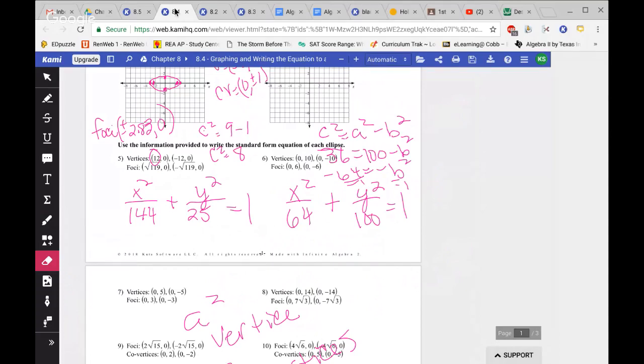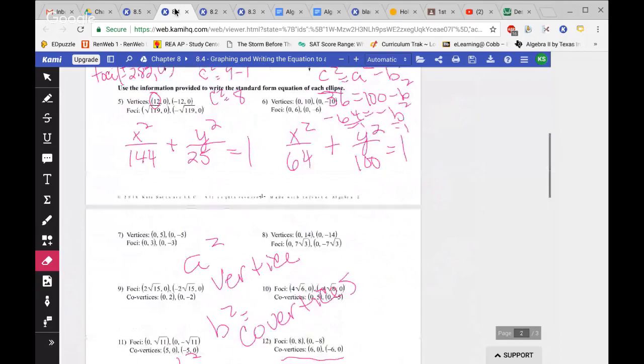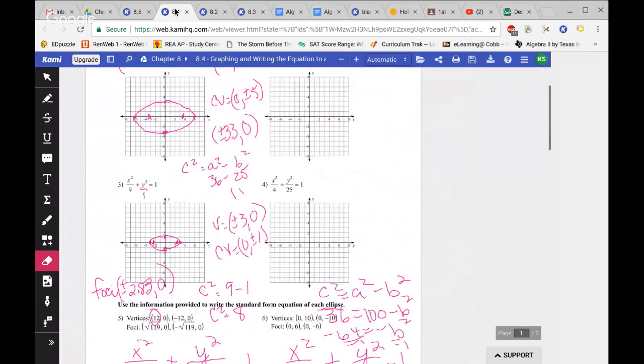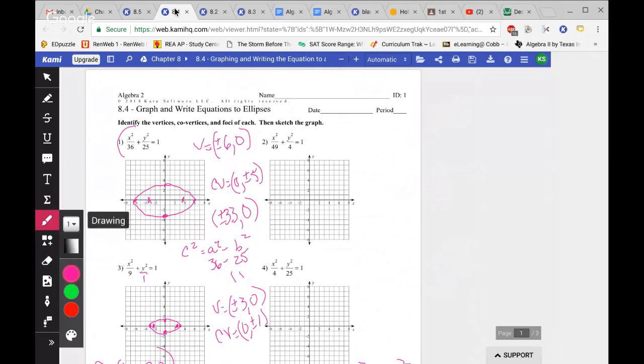Can we quickly finish up 8.4? Do you mind? Yeah. Which ones do we have left? 2 and 4, 7 and 8. Okay. So on number 2, which one would be my vertices? The X, right? Right. And they're going to equal what? 7.